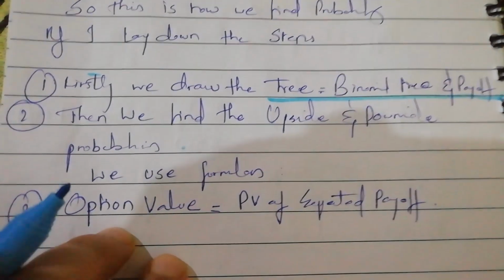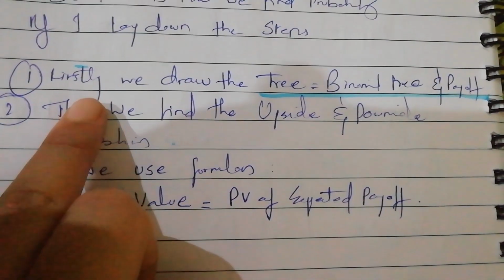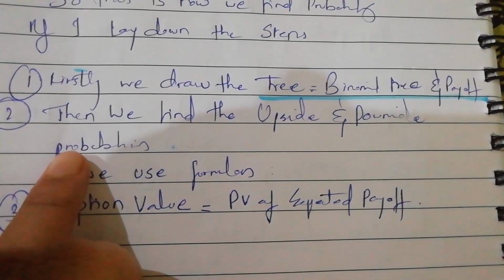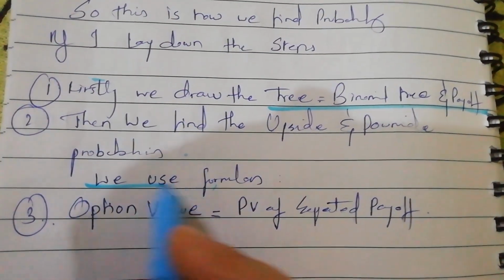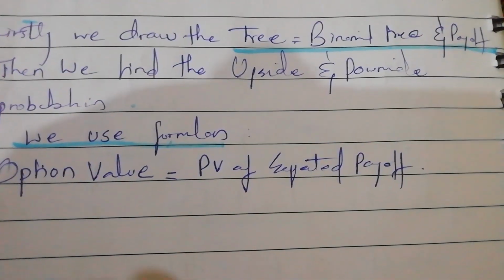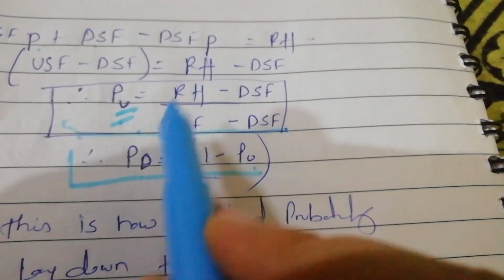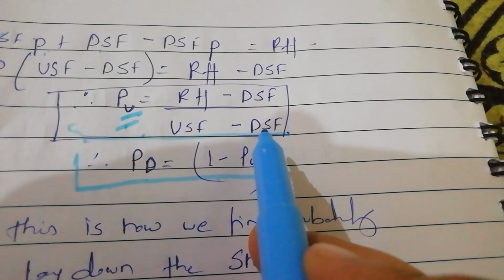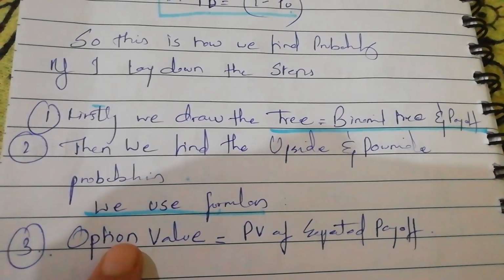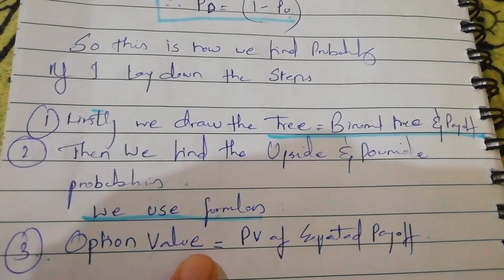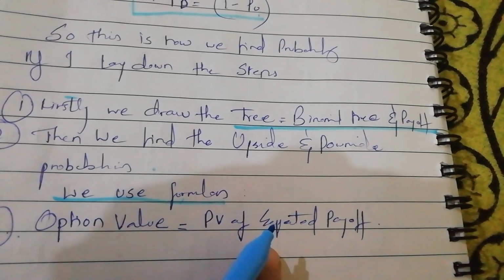So if we lay down the steps of calculations, firstly we have to draw the binomial tree, and calculate the possible payoffs. Second step is to find the probabilities of both upside and downside. For that we use the formula, that is risk-free factor minus downside factor upon upside factor minus downside factor.